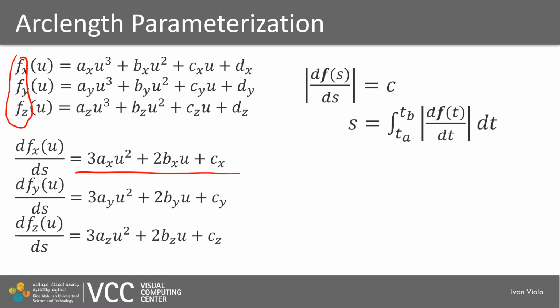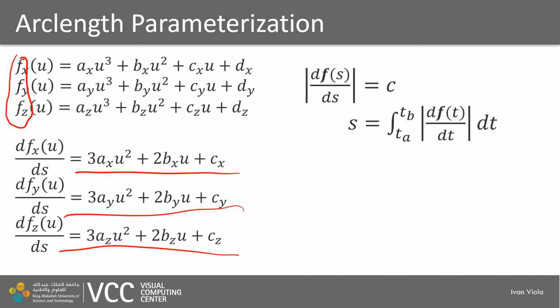So we know how to do it, and we can see that if we derive the first component, x coordinate, we have this formula, the same formula with different coefficients. ay, by, cy is for the y coordinate, and analogously for the z coordinate.